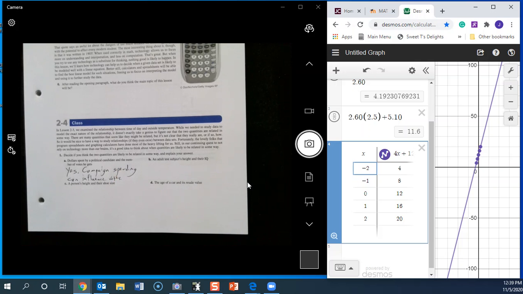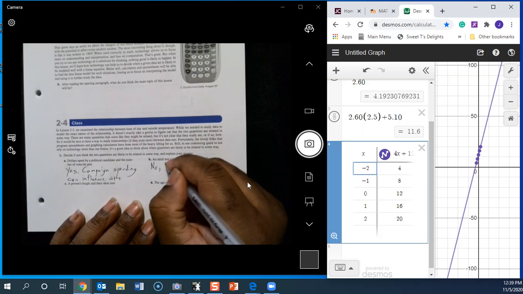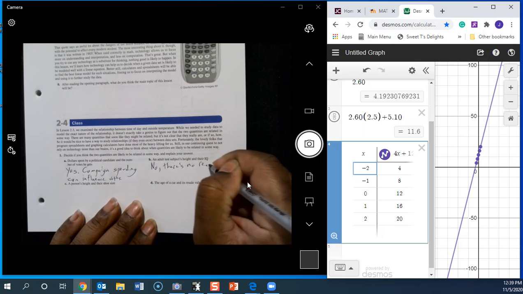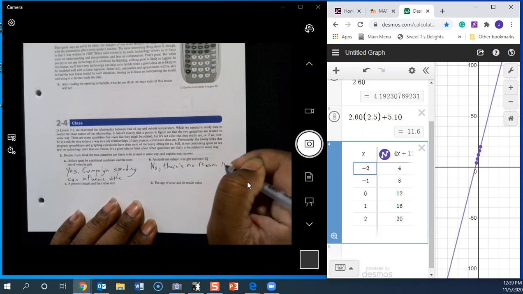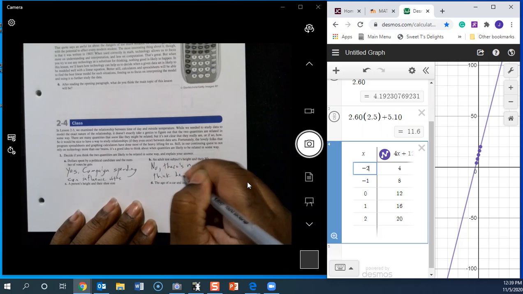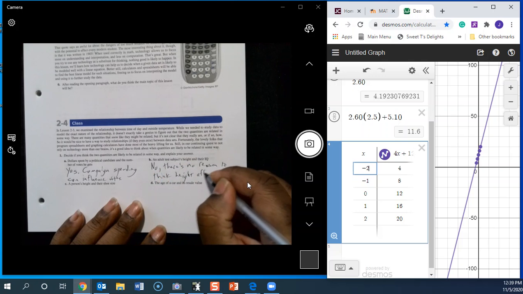Now B, an adult tests subjects' height and their IQ. I'd say no, there's no reason to think height affects IQ.